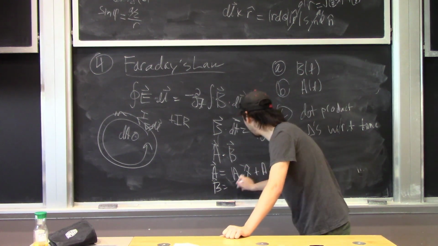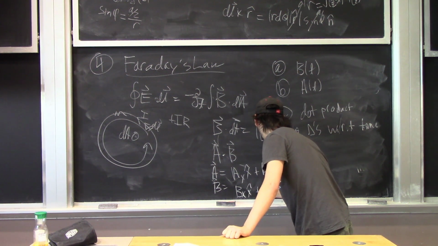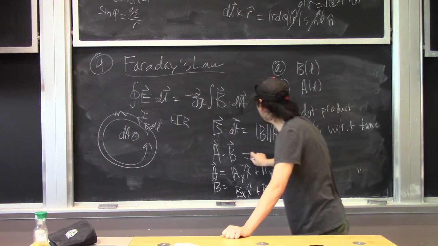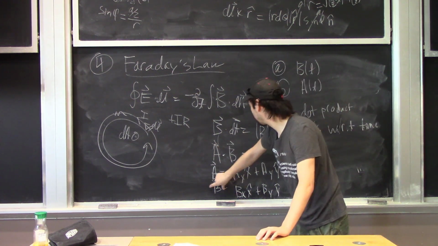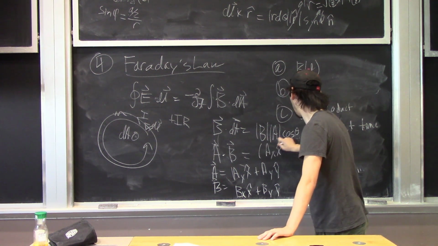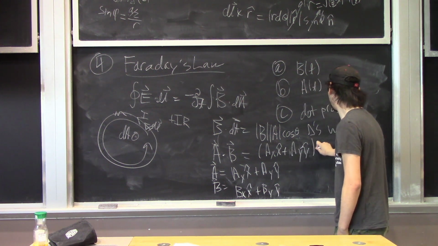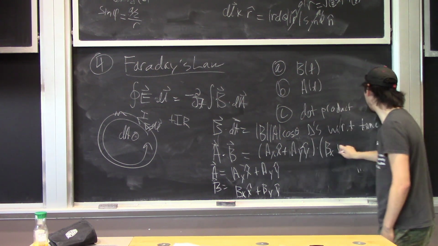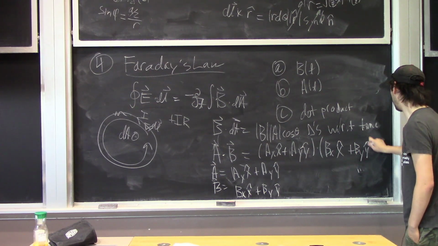We can take this dot product by plugging in A and B: AX x hat plus AY y hat dot BX x hat plus BY y hat.